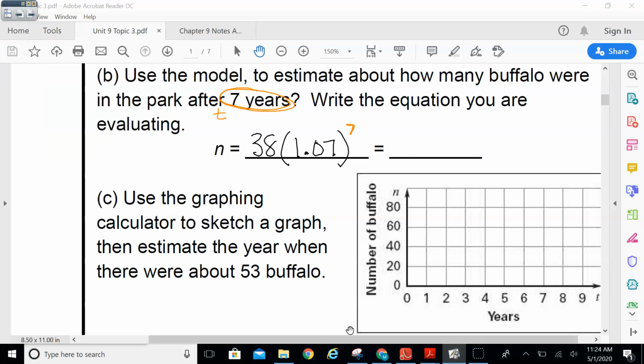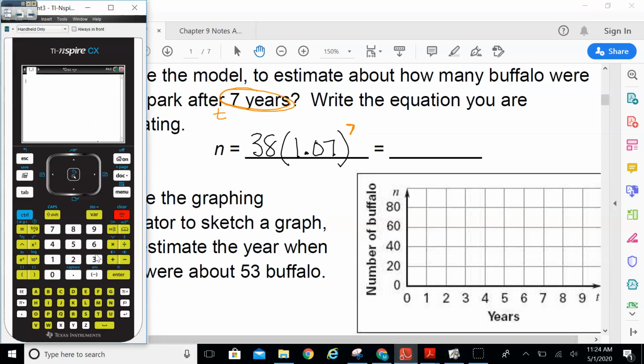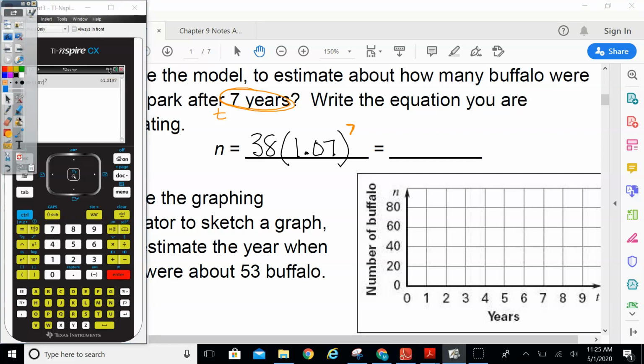Okay, so in our calculator we just type this in. So 38 times 1.07, exponent is the little caret sign, and then we do 7. And we get this decimal right here.